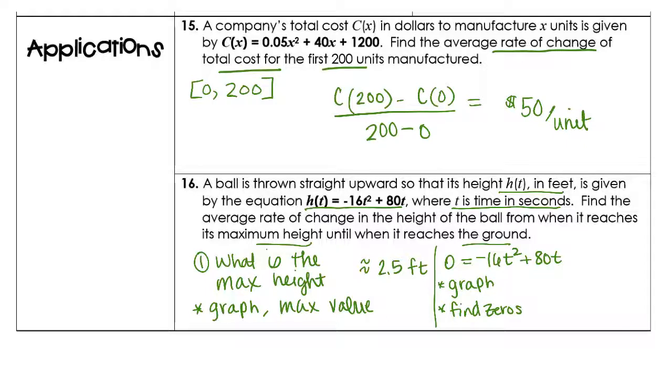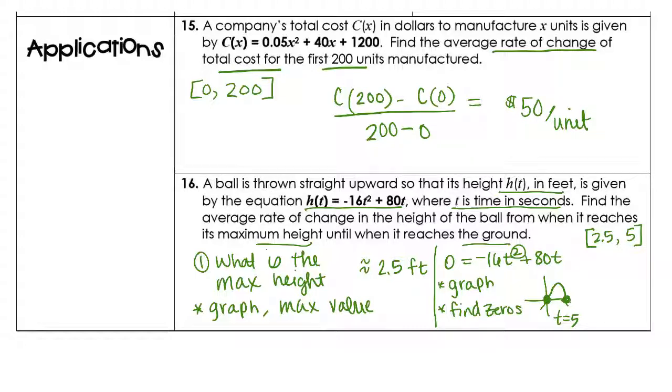When we do this, we should get 2 zeros because this is a parabola and a is negative. Notice this is the starting and this would be the end, and we should get our time there to be at 5. So now we have our time interval. Our time interval here for our average rate of change is going to be from 2.5 over to 5. That's what we're looking for.